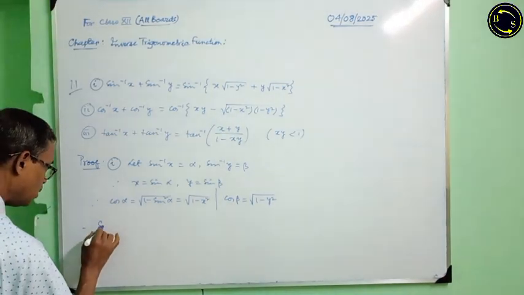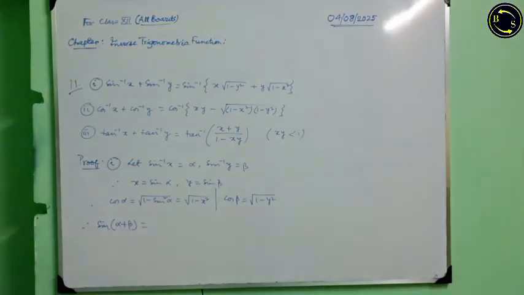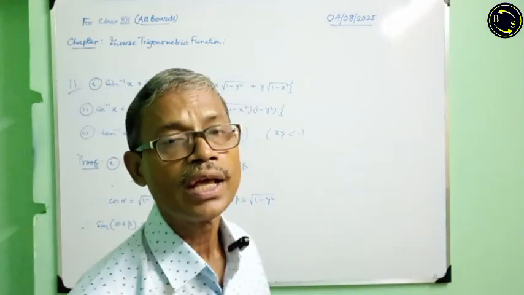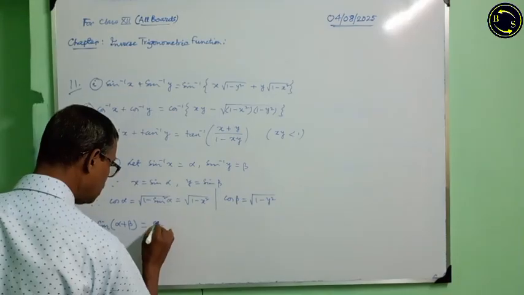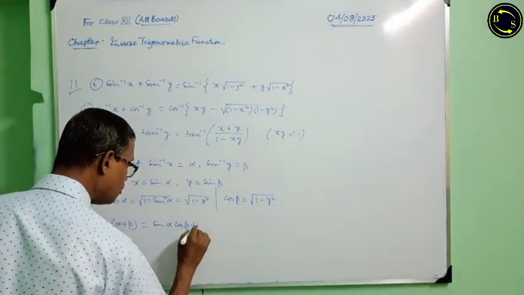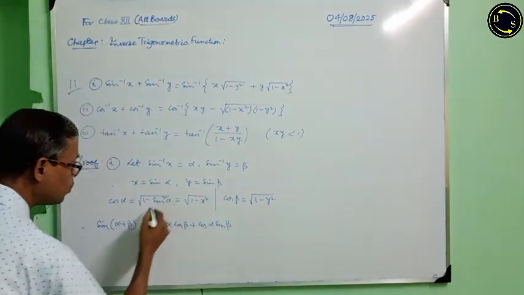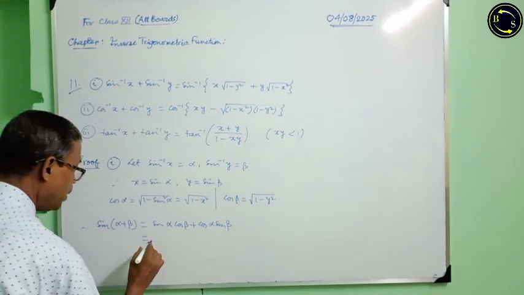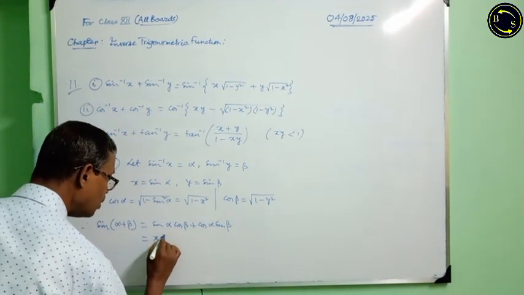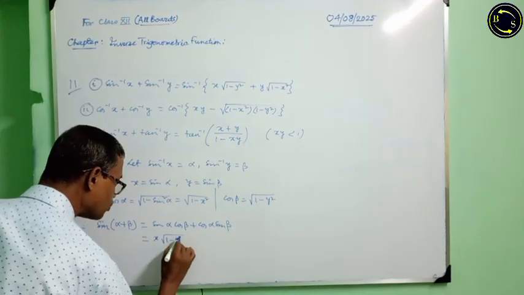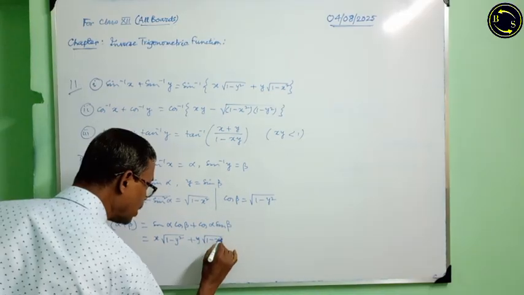Therefore, sine of alpha plus beta, that is the trigonometric ratio of compound angle. Already you have used that in class 11. Sine alpha cos beta plus cos alpha sine beta. Now we put these values. x into root over 1 minus y square plus y into root over 1 minus x square.